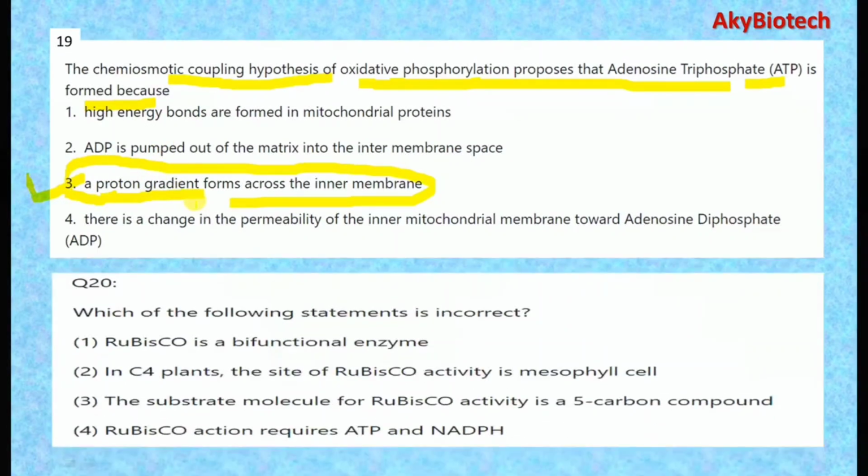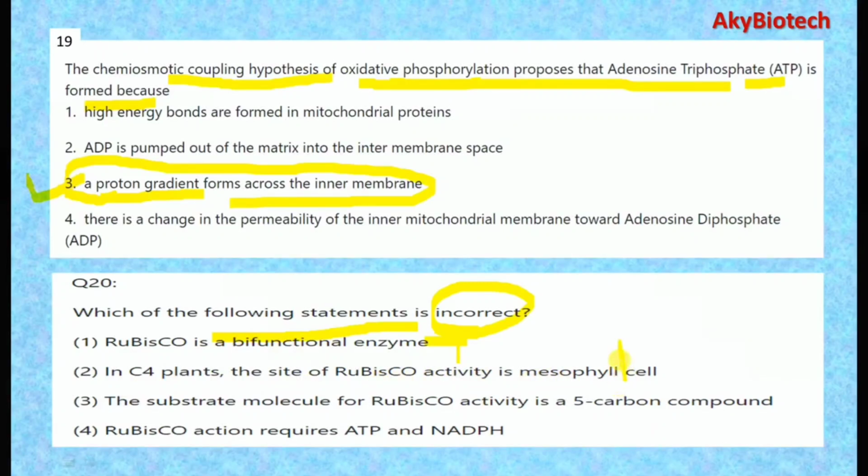Then number 20. Which of the following statements is incorrect? You have to choose the false statement out of these. The statement Rubisco is a bifunctional enzyme is a true statement. Then coming up to the next statement, in C4 plants, the site of Rubisco activity is mesophyll cells.